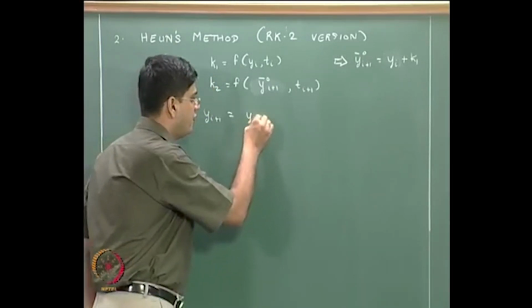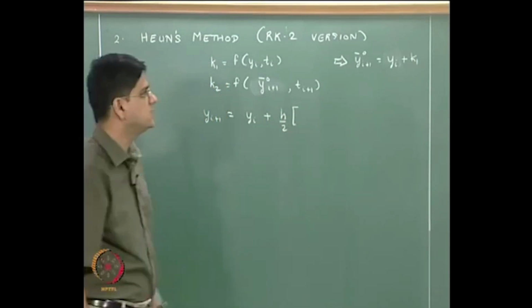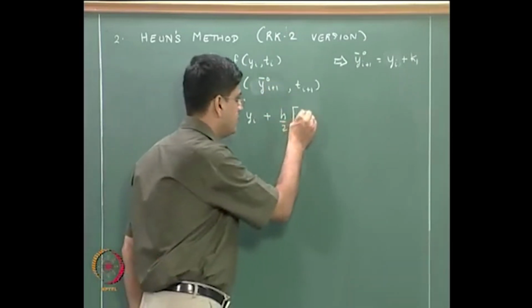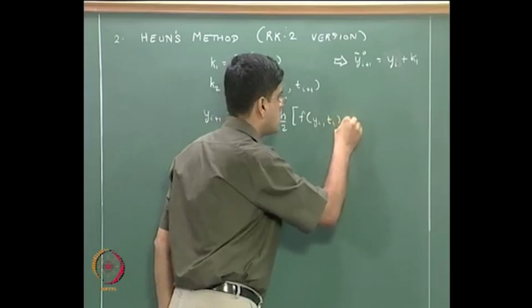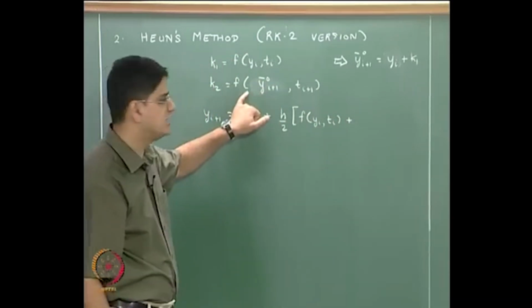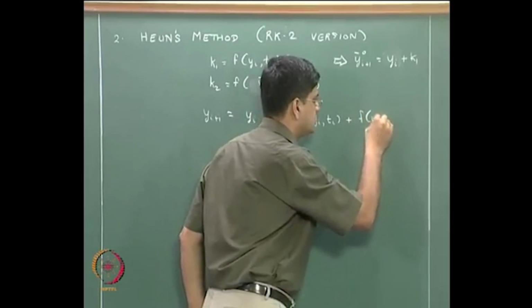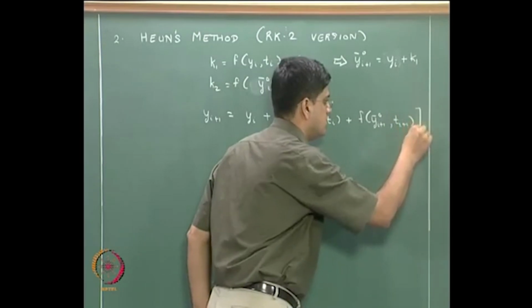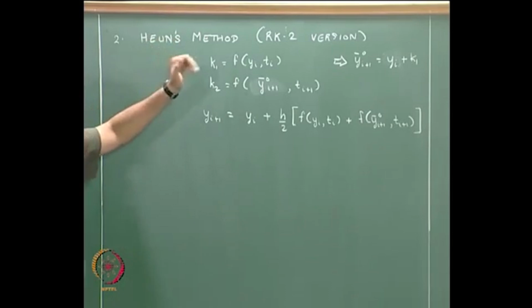So y_i plus h by 2 multiplied by K1 plus K2, where K1 is nothing but f of y_i comma t_i, and K2 is nothing but f of y_{i+1} bar 0 comma t_{i+1}. So this is the RK2 version of Heun's method.